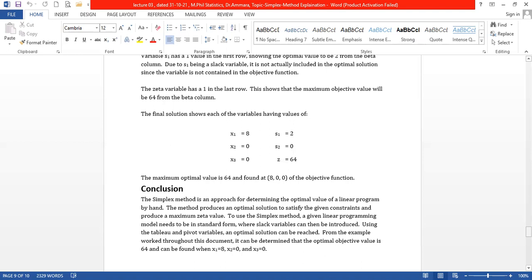We apply these methods to find the optimal solution of complex business problems as well as research-oriented problems. So this is another useful method for finding the optimal solutions of linear programming problems.